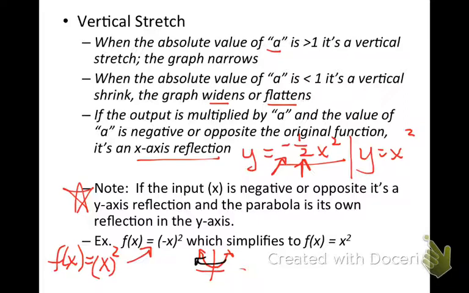So they will be switching over. But essentially that thing is just going to flip onto itself, and so it looks like the original f of x equals x squared. And it will actually simplify to that as well, because negative 1 times negative 1 is a positive 1.